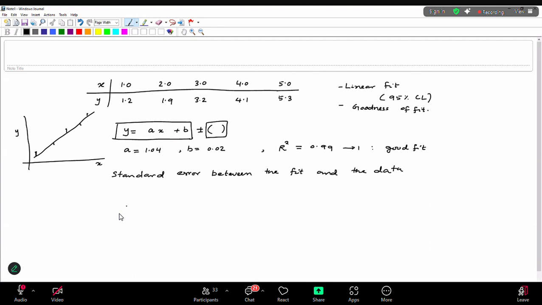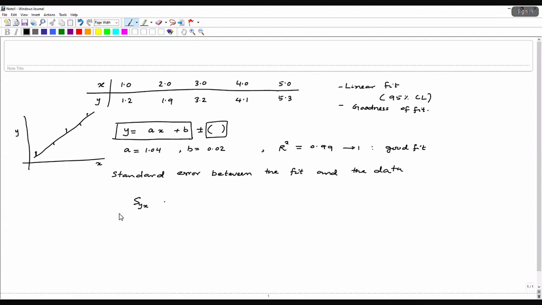Okay. So the standard error of the fit, SYX, is represented as the sum of YI minus YCI. This is basically your curve fitting.